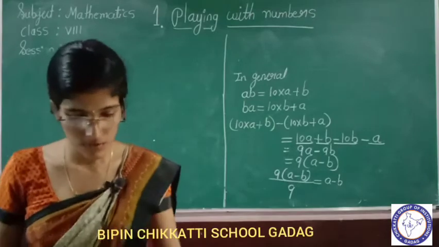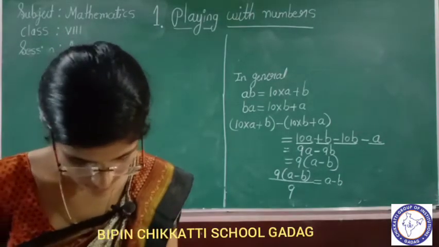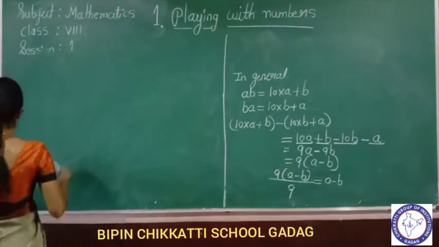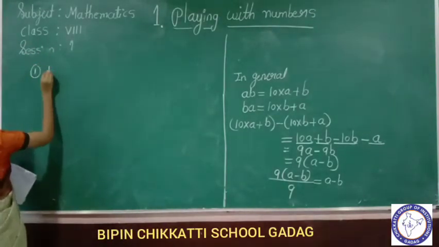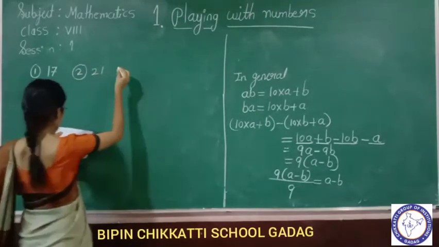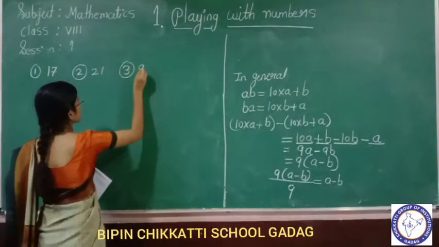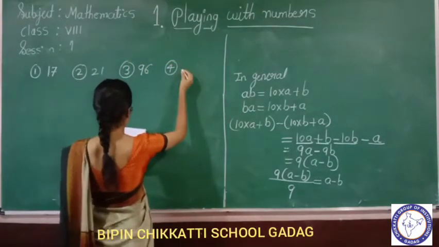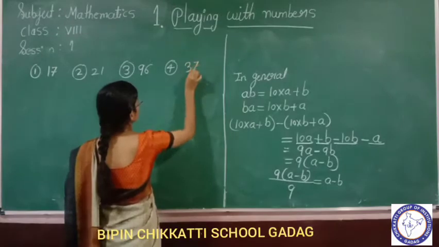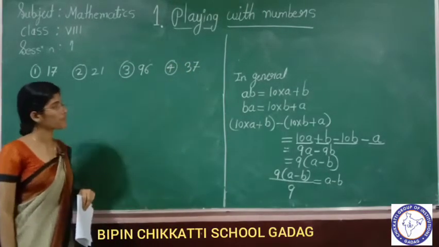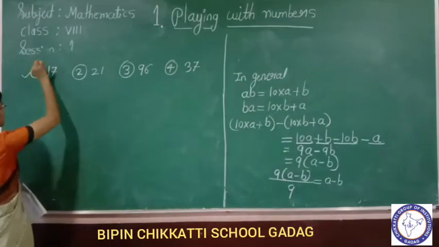So again, they are given in your textbook, try these. The first question they have given is 17, second question 21, third one 96 and fourth question is 37. Now see here, students, what do you do? I will do the first one.